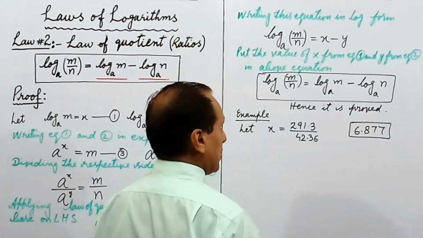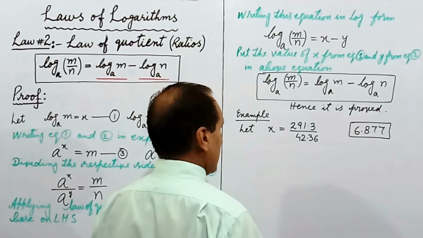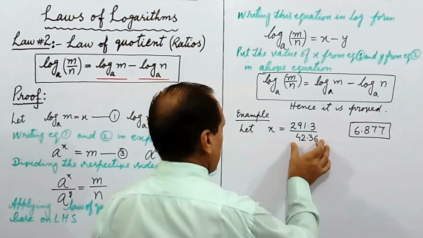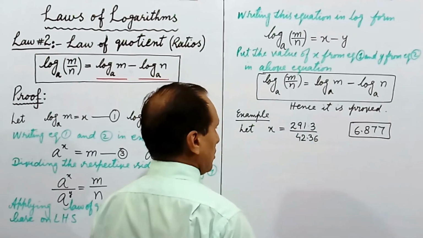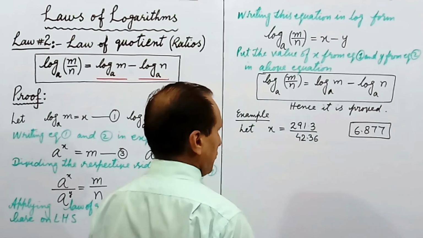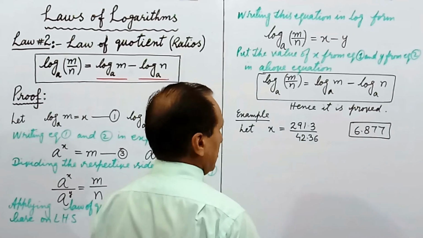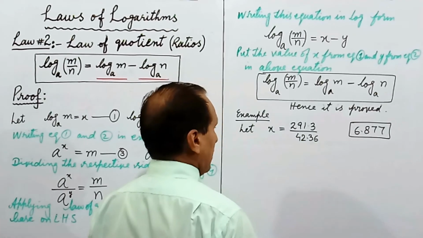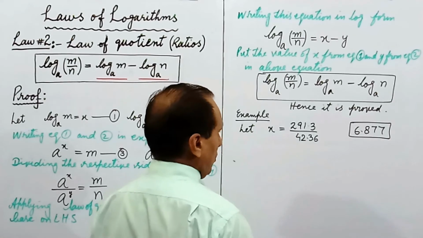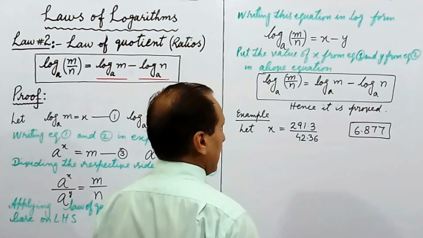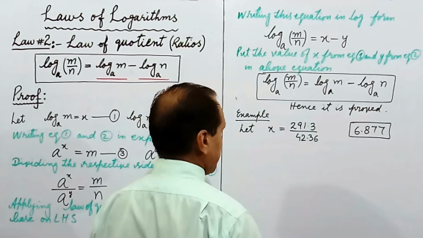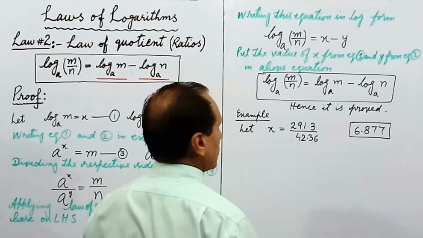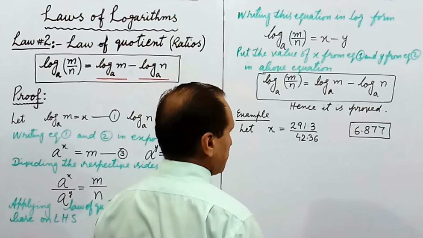Nowadays we have calculators to find the result of such problems. But in old days, the calculator was not present. So these calculations became far more difficult when the numbers became larger and larger. Hence these log tables as well as these laws help a lot in that regard, as these laws make the problems easy.